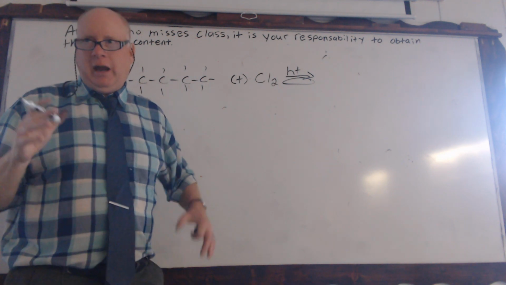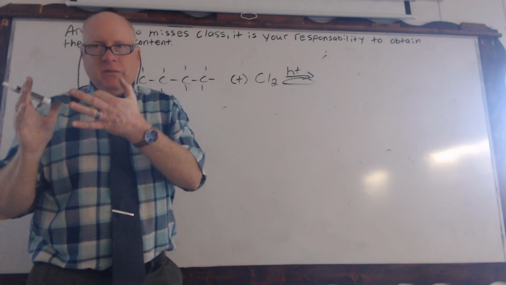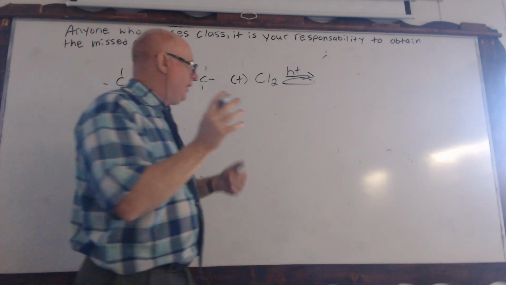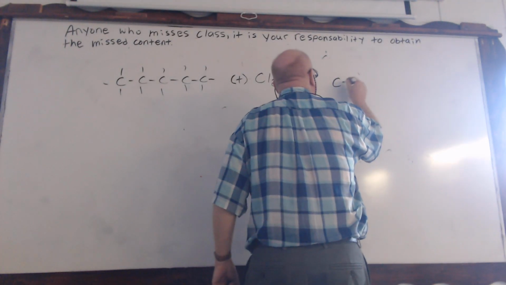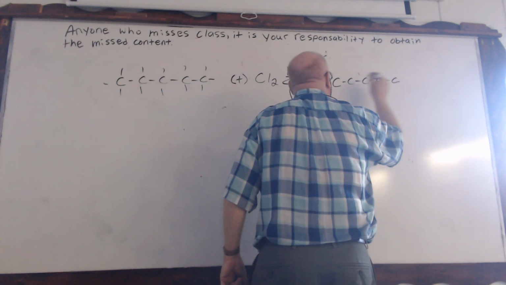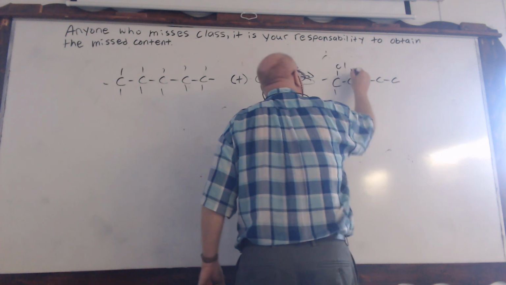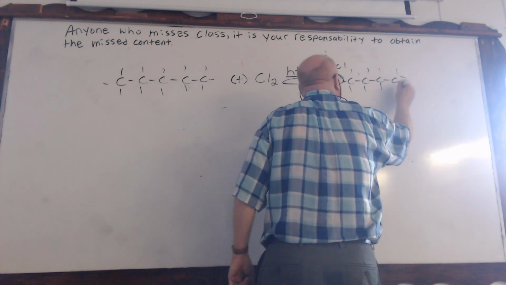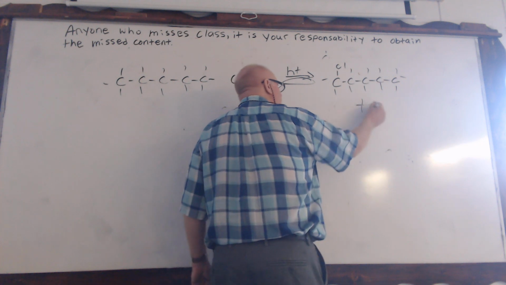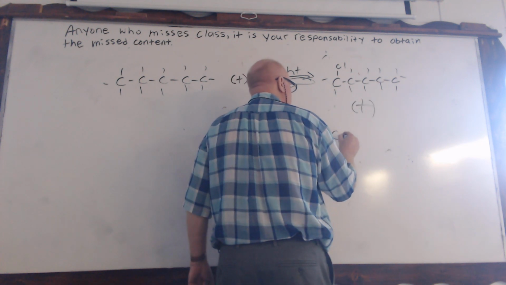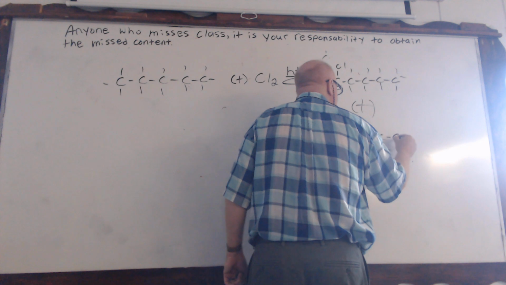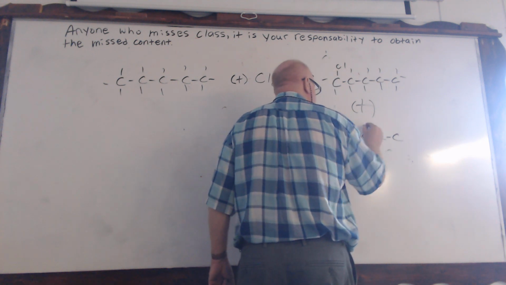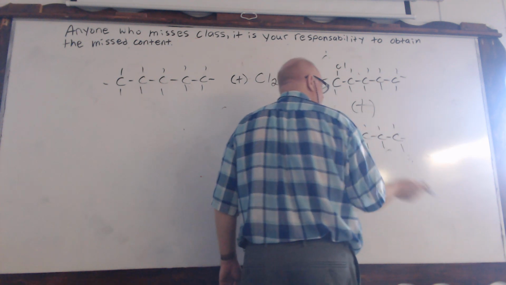Then finally, how many products do you have? You get 2. And all you're doing is just taking a chlorine anywhere on the end. And then what's your other product? Now, that's not to say that, well, why not put it on the third?